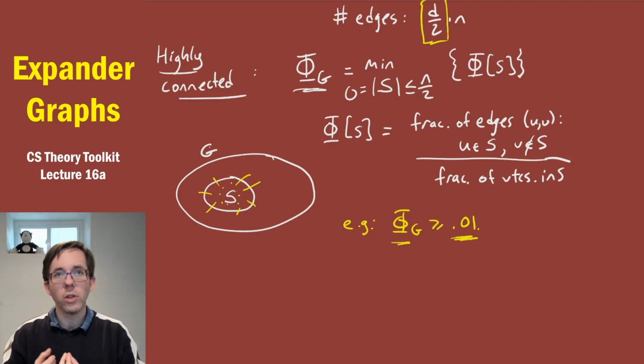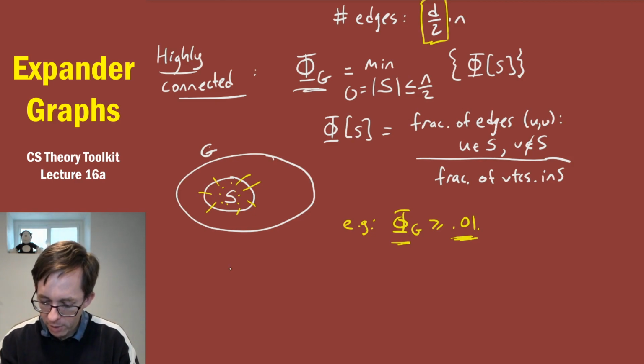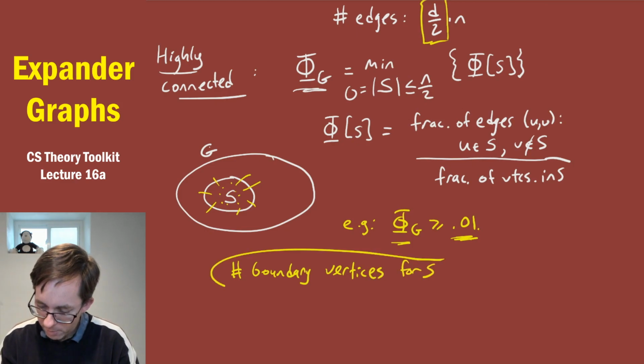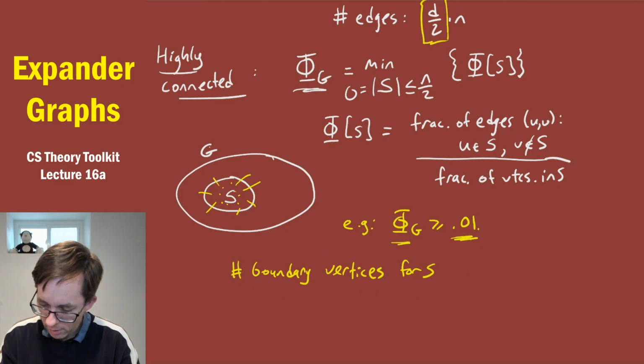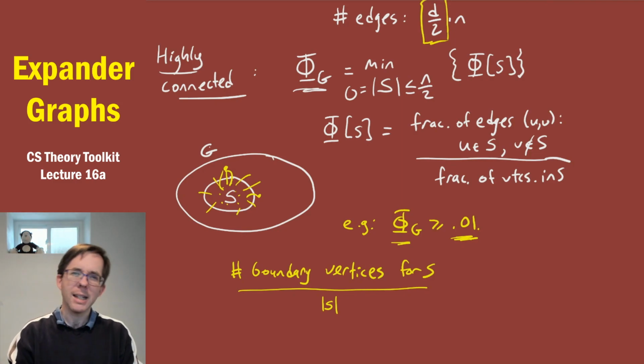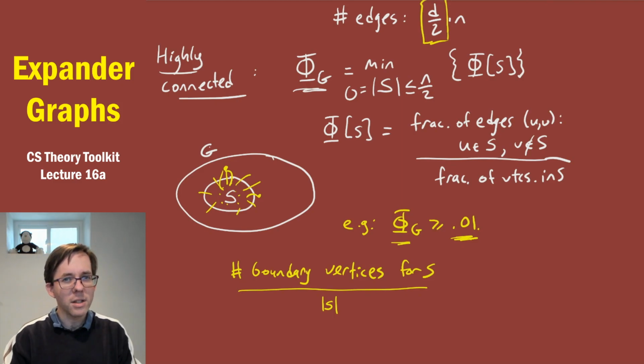But it's also reasonable to look at the number of boundary vertices for S, divided by the number of vertices in S. A boundary vertex is just a vertex that has at least one edge into S. It's not quite the same concept as boundary edges, because a vertex on the boundary of S could have more than one edge going into S. But it's pretty related because we're focusing on d-regular graphs where d is constant.